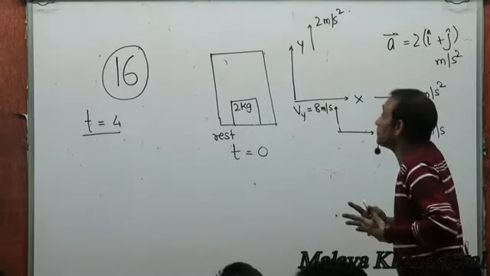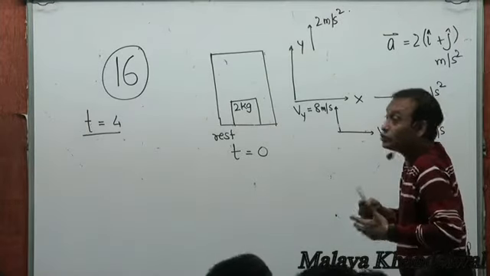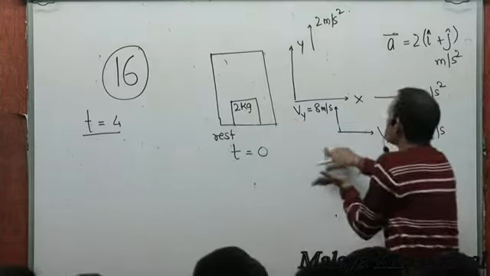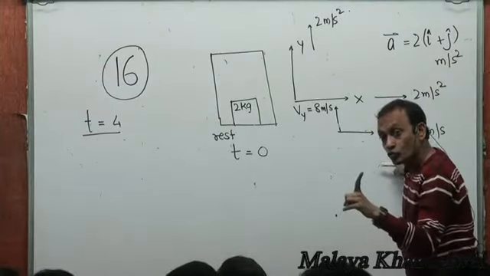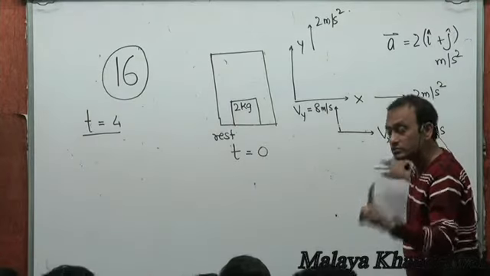We will assume that the mass does not lose contact with the elevator. So this is also the kinematic status of this 2 kg block 4 seconds later, right? Yes or no, Prince?